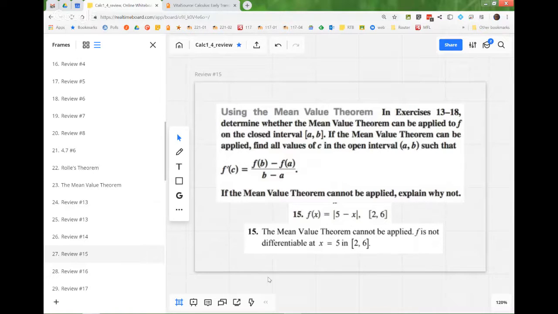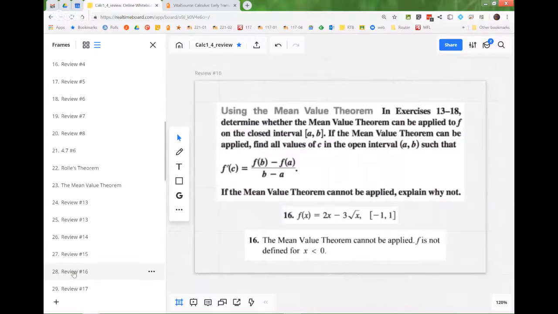I believe number 16 is one of those also. That doesn't mean I'm going to give you one of these, but we assume everything is going to work just fine, but they say clearly in the directions if the mean value theorem can be applied. So here we have number 16, 2x minus 3 times the square root of x, interval -1 to 1.